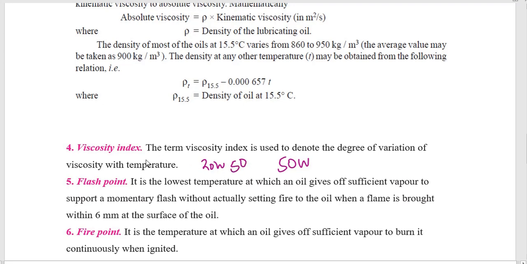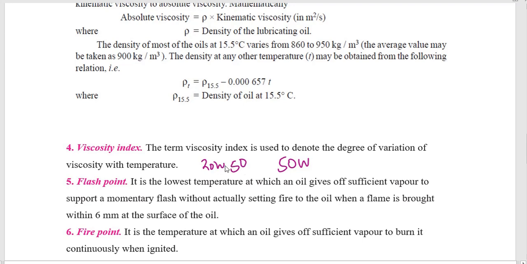In other words, you will find that this particular component of viscosity index is very important, because it is denoting the degree of variation of viscosity with temperature. It means the viscosity is changing. We have the viscosity of the oil at low temperatures, and we have also the viscosity of that particular oil at higher temperatures.